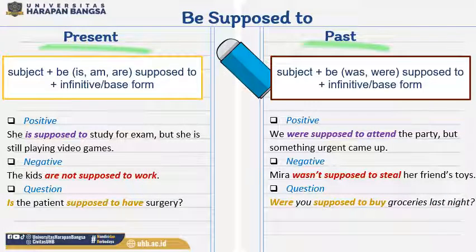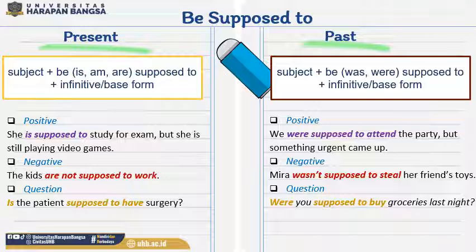Let's see the use of be supposed to. Be supposed to can be used in present and past context, ya. Bisa dipakai untuk konteks present maupun past. Misalnya, untuk yang present, di sini kita lihat patternnya dulu ya. Subject followed by be supposed to, followed by infinitive or base form.